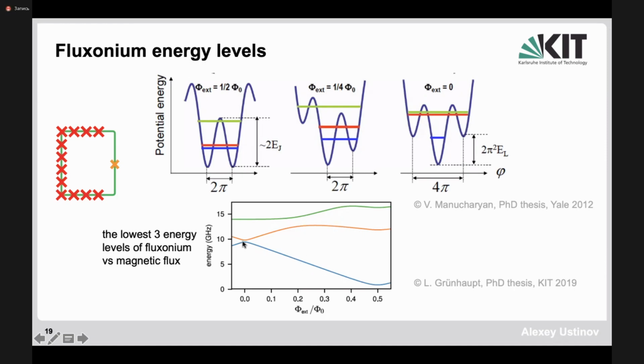And then you have here the frequencies of the levels being quite high. You see that for the symmetric flux, there will be two energy levels very close to each other due to the tunneling between the next second neighbor minima in the potential.